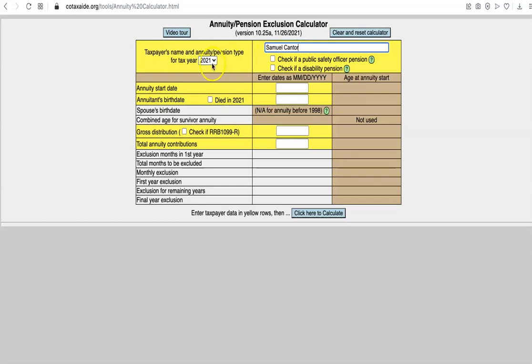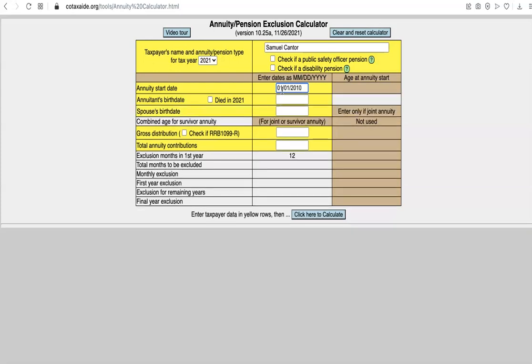So we're looking at an annuity type for this tax year. The annuity start date was January 1st of 2010. The annuitant's birth date, this is Mr. Cantor, was March 28th, 1950.